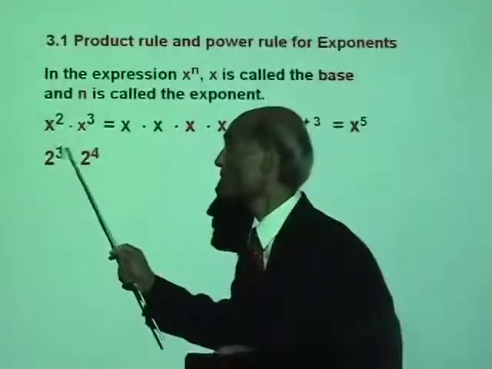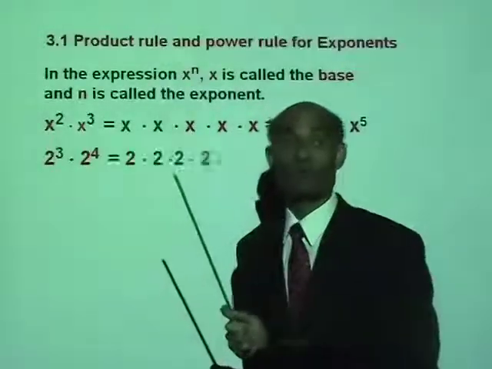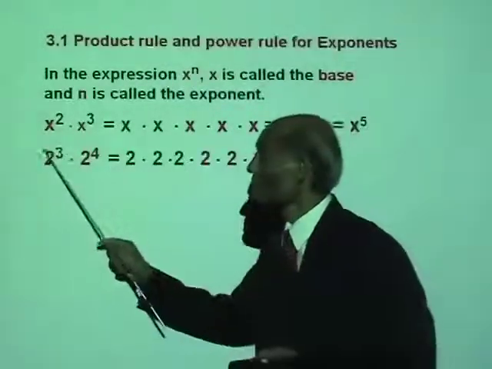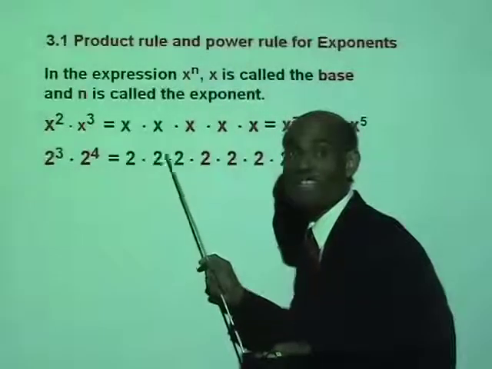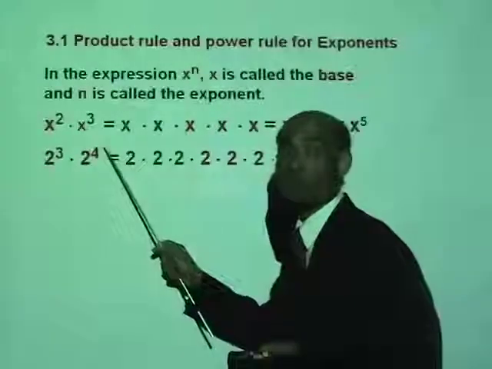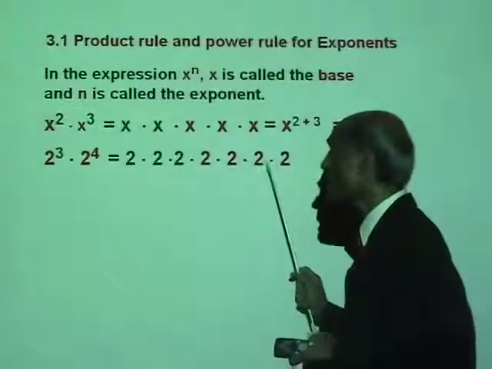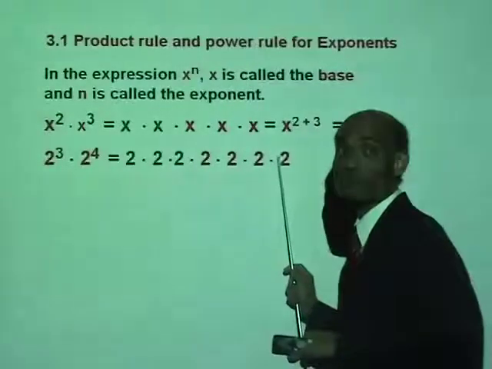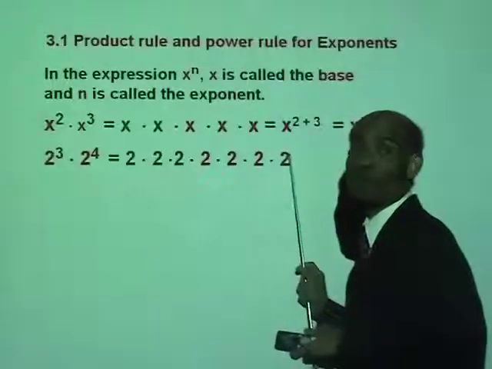2 to the power of 3 multiplied by 2 to the power of 4. 2 to the power of 3 is 2 multiplied by itself 3 times, and 2 to the power of 4 is 2 multiplied by itself 4 times. And now, how many 2's are multiplied?